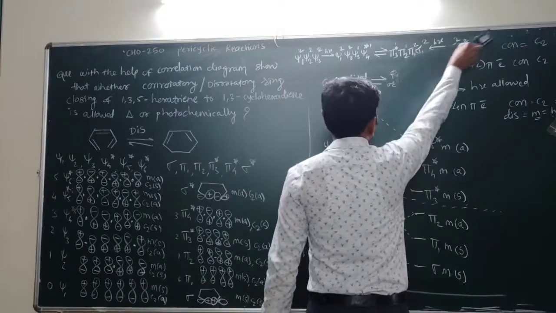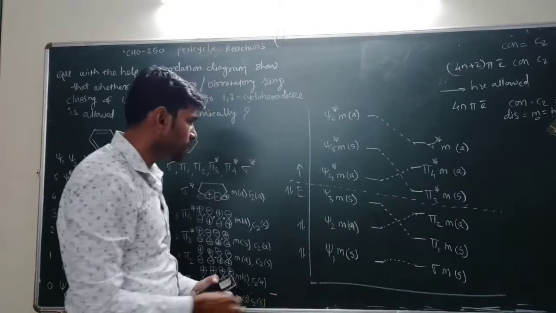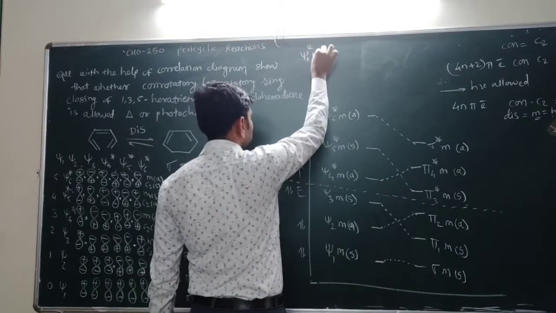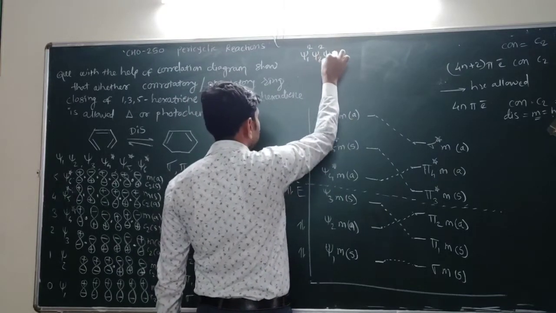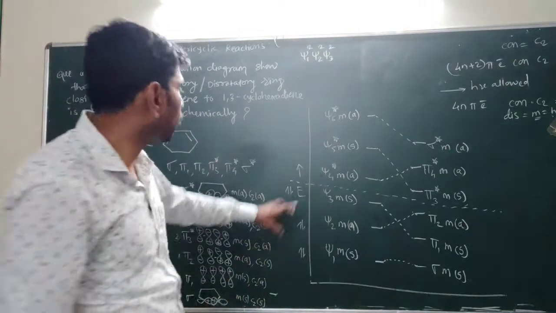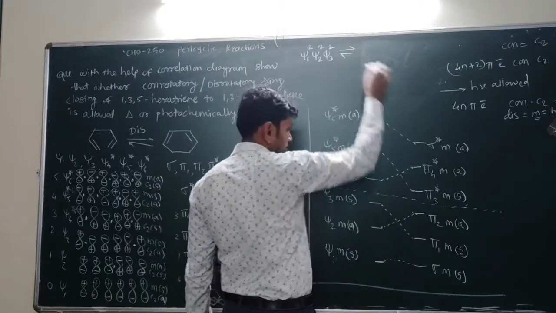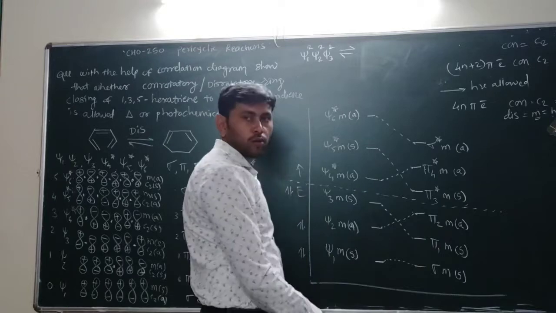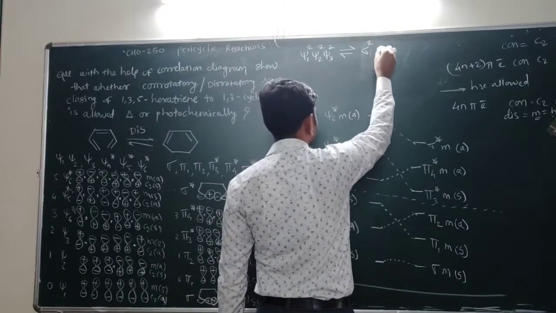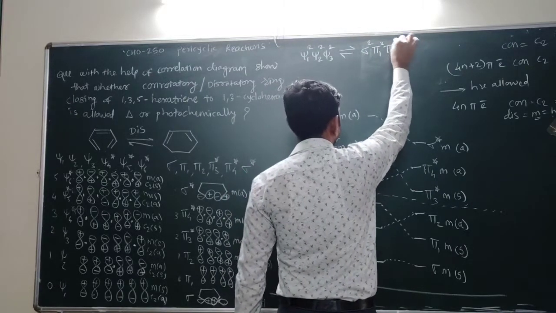So how can we show this? By orbital relation. See that Psi2 contains 2 electrons and Psi3 contains 2 electrons. All the ground state orbitals are involved here. Then it is correlated with all the ground state orbitals of the product. So sigma 1 contains 2 electrons, sigma 2 contains 2 electrons, pi 1 contains 2 electrons, and pi 2 contains 2 electrons.